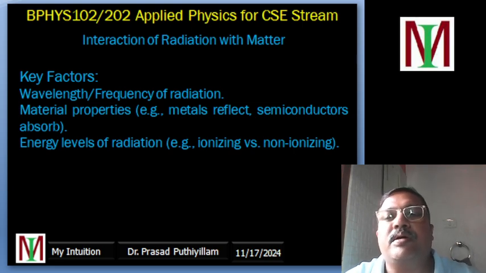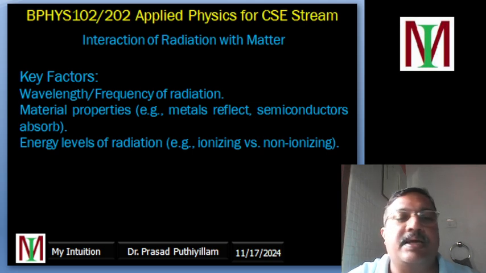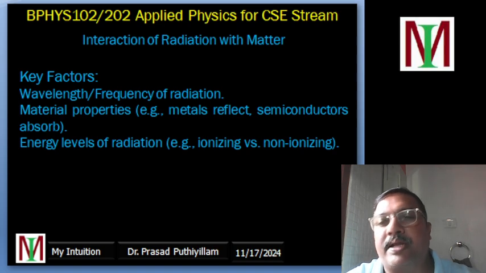The atomic or the molecular structure of the materials plays a very huge role. For example, semiconductors have unique interactions with light, which is why they are used in devices like photodiodes and even solar panels.